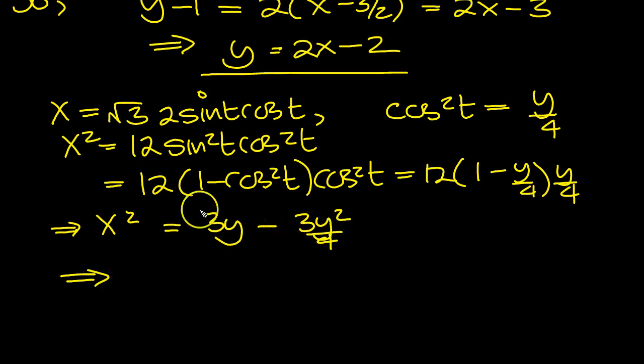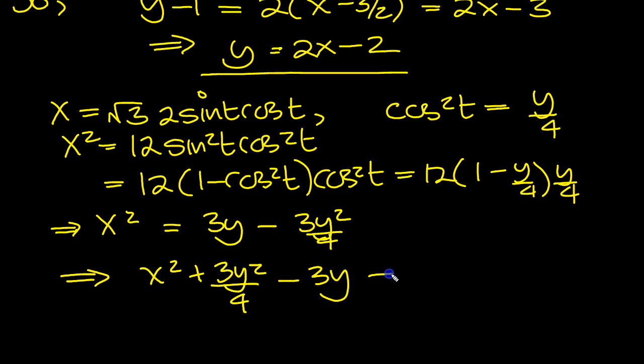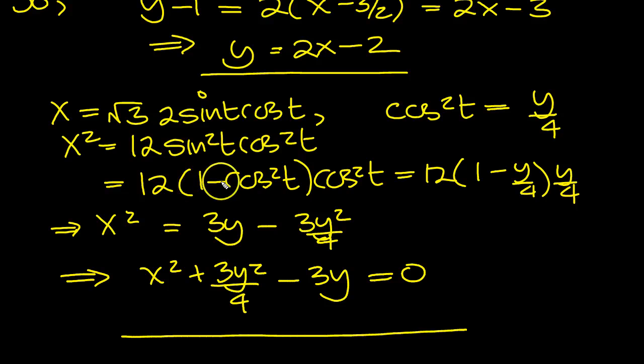Move this over to this side: x squared plus 3y squared over 4 minus 3y equals 0. Let's just double check that then. X squared was equal to this. 1 minus cos squared was sine squared. Cos squared was y over 4. So it's 1 minus y over 4 times y over 4. Y squared over 16 times 12 is 3/4 y squared with a minus. And 12 over 4 is 3. And that's x squared, so that's fine.